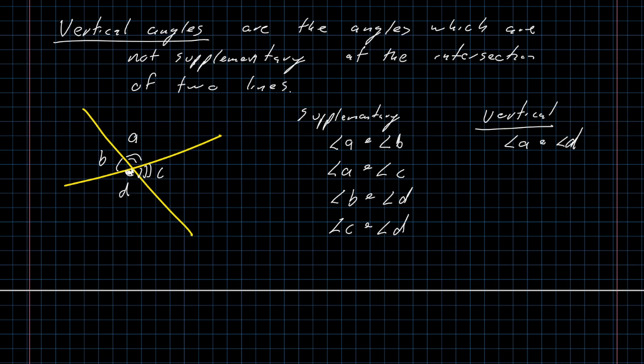We've matched angle B with angle A and with angle D. We did not match angle B with angle C. So these two are also vertical angles.